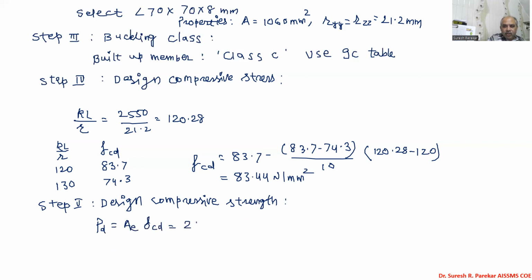AE is 2 into 1060 multiplied by 83.44, and we will get this value equal to 176.89 into 10 raised to 3 Newton, which is 176.89 kilonewton, greater than 175 kilonewton.